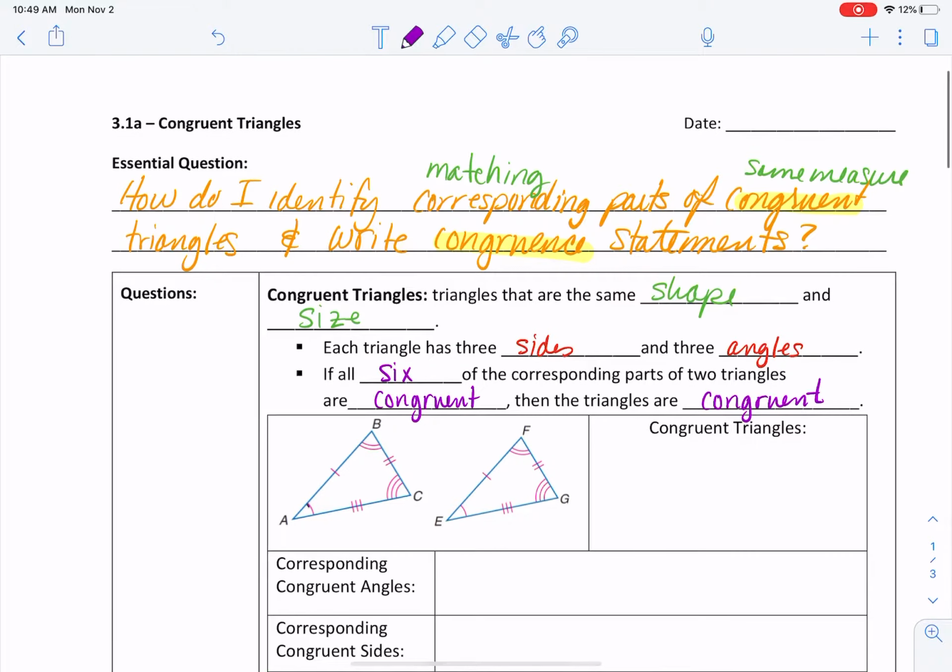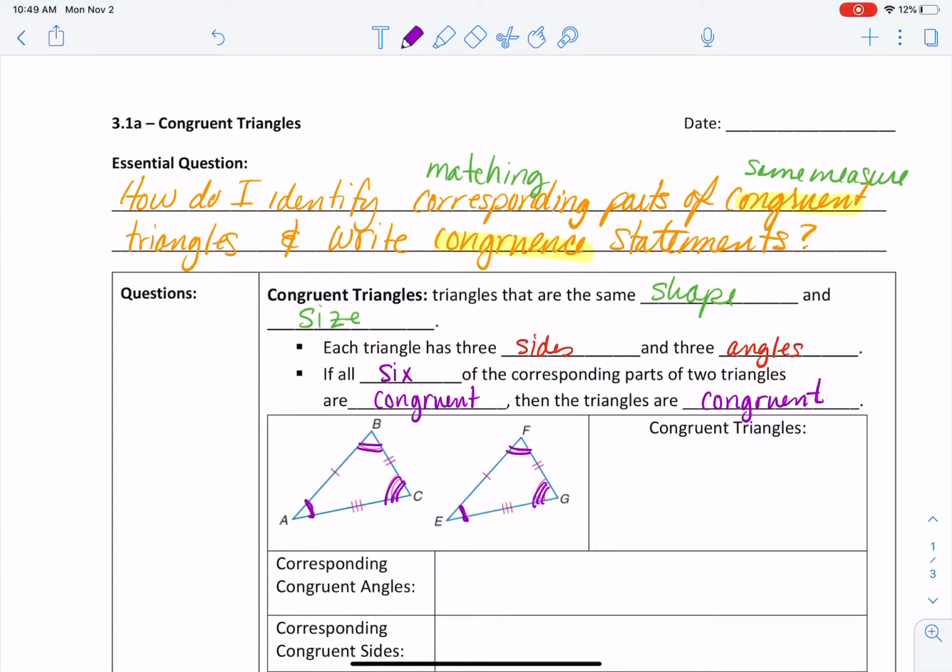So I have angle A and angle E. Angle B is listed as congruent to angle F, and angle C is congruent to angle G. So there's 3 of my 6 corresponding parts. Then I look at my sides, because I can have 2 triangles with the same angles that are different sizes.